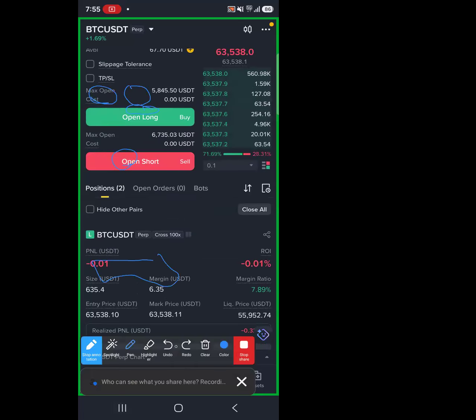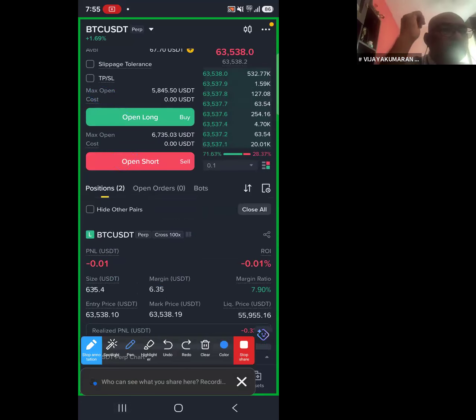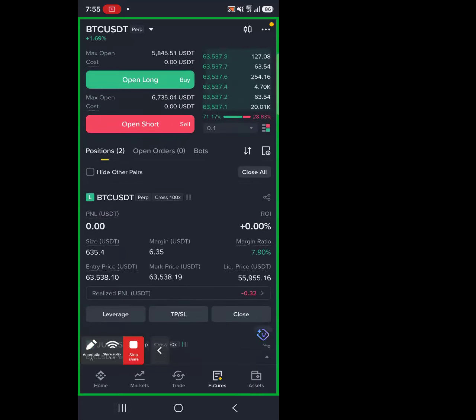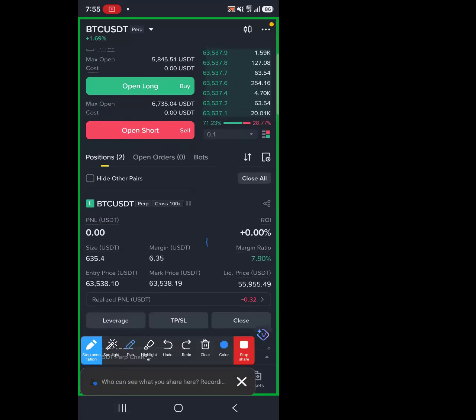So when I come down, you see this? So when I start, this is what is going to happen. I am going to see, first of all, the size, which is my initial margin.